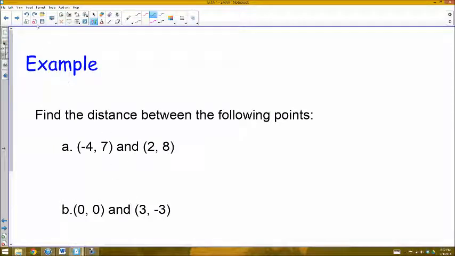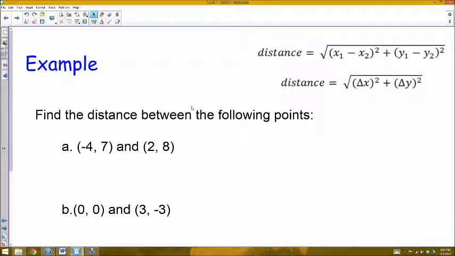Here I have 2 points, and rather than graphing and calculating their distance, I'm going to apply the distance formula. So I'm going to use my easier to understand distance formula, which is with my deltas, or differences in. So to apply that formula and find the distance between these 2 points, my distance will be the square root of the change in x.